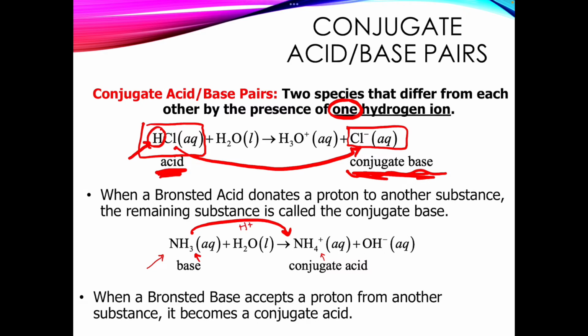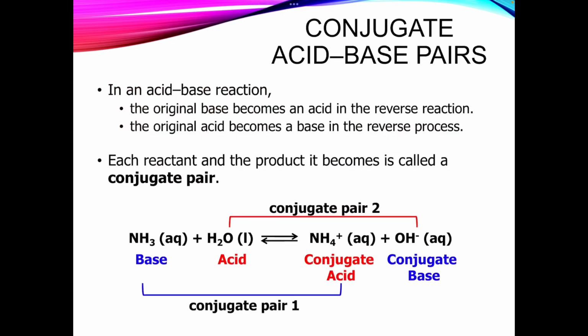It gained another hydrogen, and therefore it now has a positive charge. So if this is our base, then this is our conjugate acid, because they differ by just one hydrogen. When we see that proton being accepted, our base turns into a conjugate acid. So acids will turn into conjugate bases, bases will turn into conjugate acids.